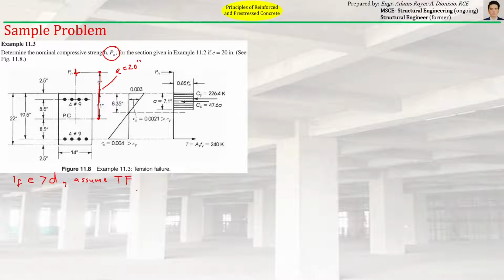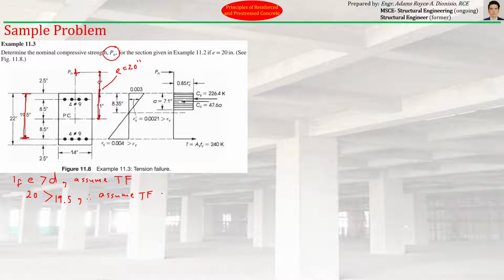For this case, ang e natin, 20 inches. Ang effective depth natin, given na sa problem, wala dyan hanggang dito sa tension reinforcement. It's 19.5 inches. Medyo magkalapit yung value nila, but still, yung eccentricity ay greater than sa 19.5. Therefore, we can assume tension failure muna.